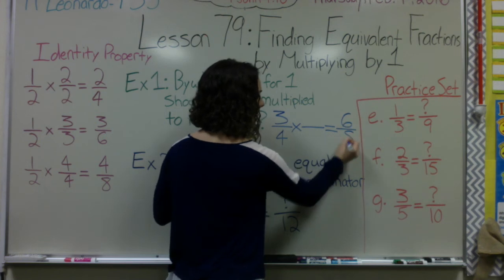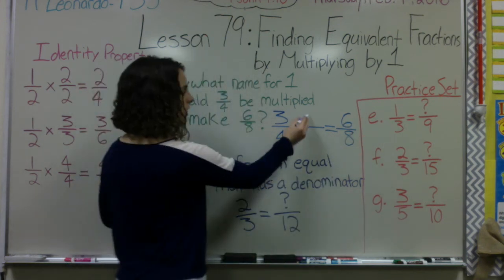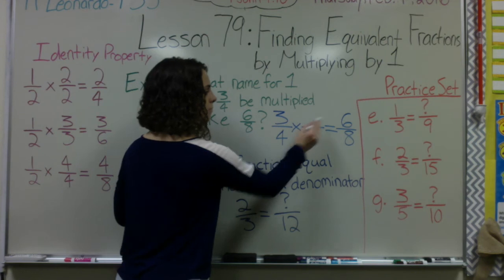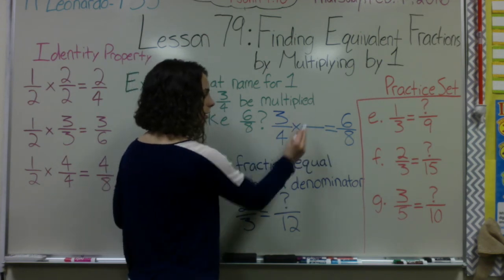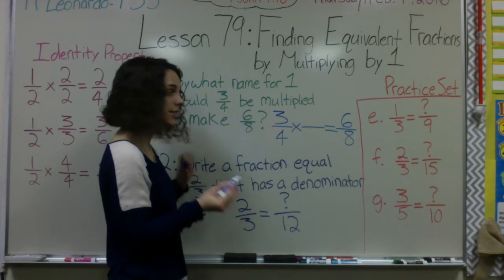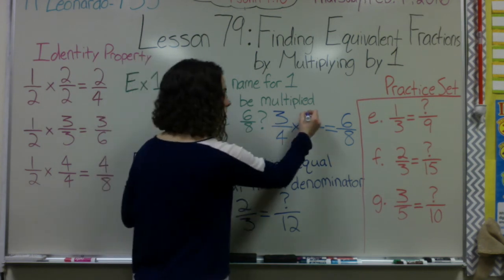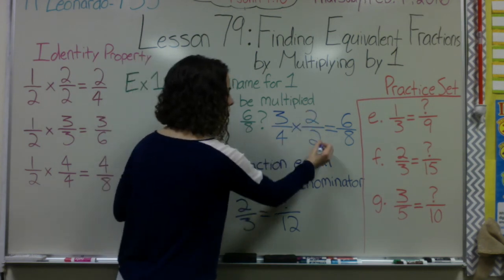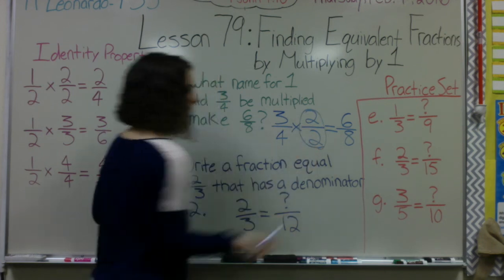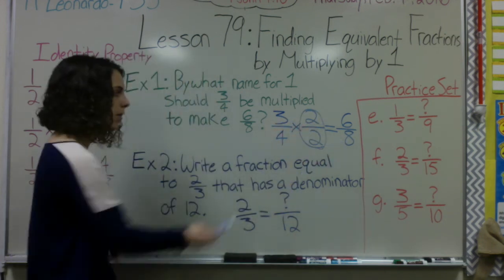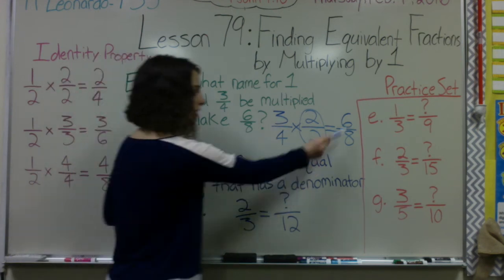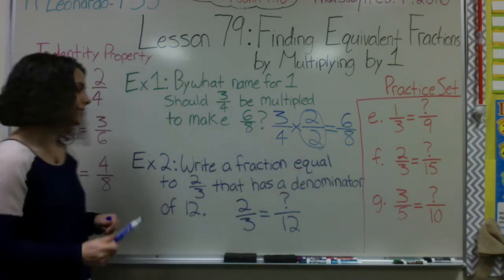What do I need to multiply 3 times to equal 6, and 4 times to equal 8? Well, the numerator and denominator will both be the same because it equals 1. My answer would be 2 over 2, because 3 times 2 is 6 and 4 times 2 is 8. I'm multiplying by 1, so I know that 3/4 does equal 6/8.